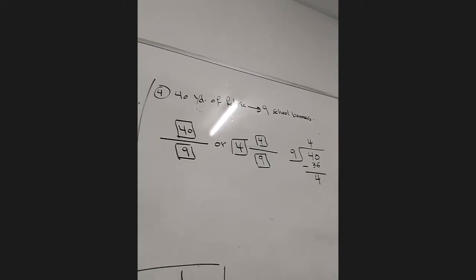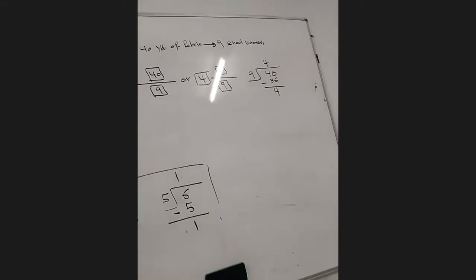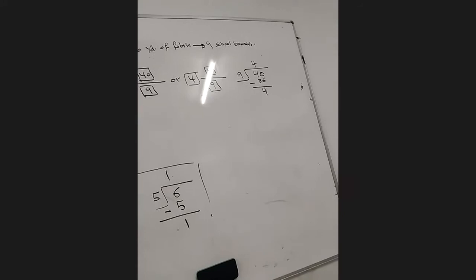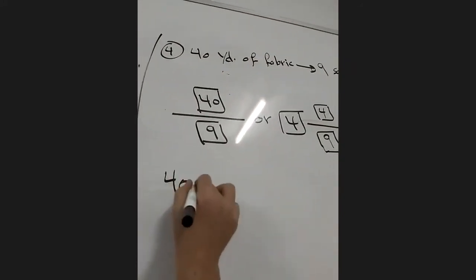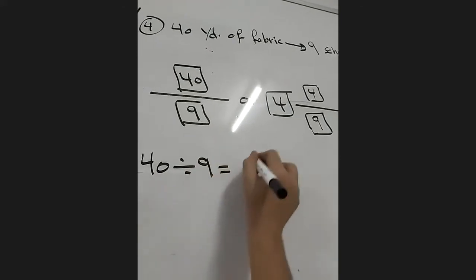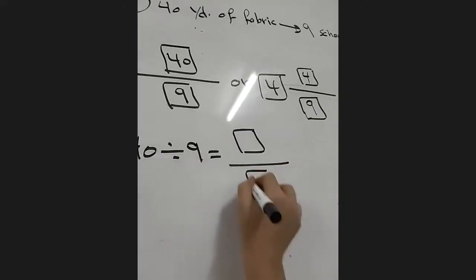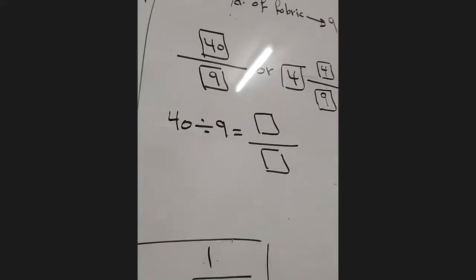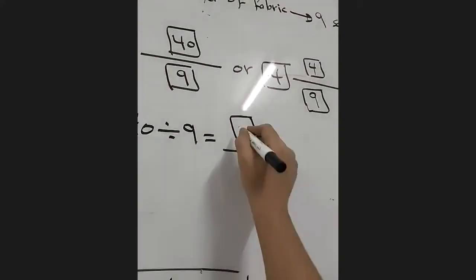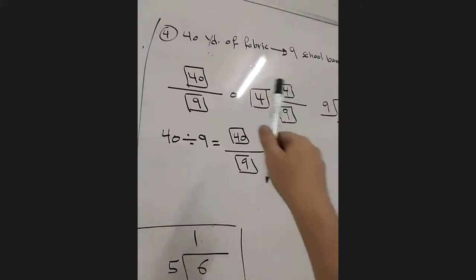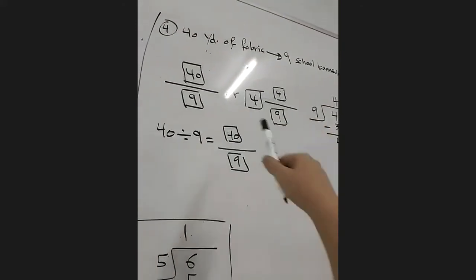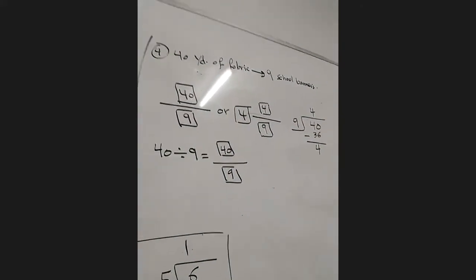Now, 40 divided by 9 equals what? 4 and 4 over 9. 40 over 9. Good.